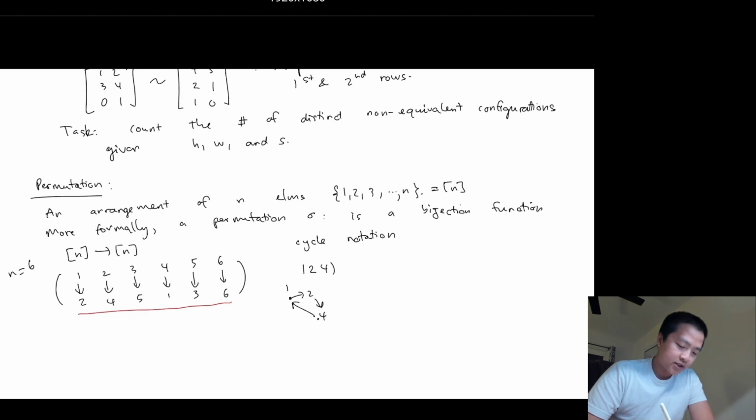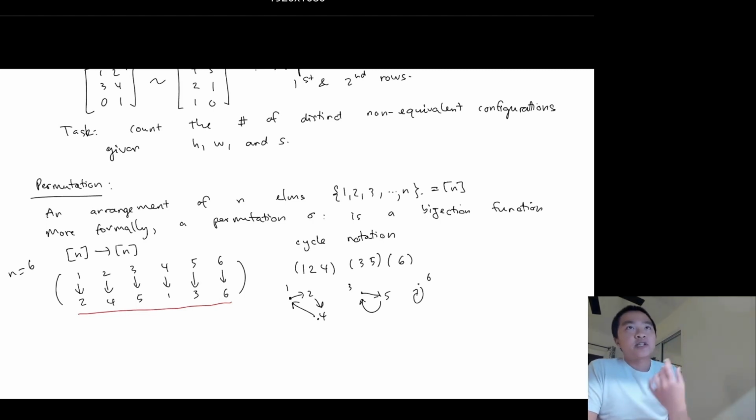So we can write this as one cycle. Again, 3 is mapped to 5, okay, and 5 is mapped back to 3, so that's the second cycle. The third cycle is 6 to itself, so just 6 to 6. Okay, so every permutation can be written as a product of these cycles.